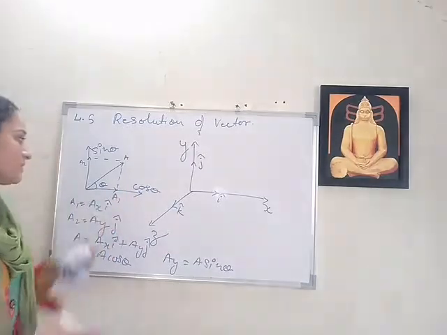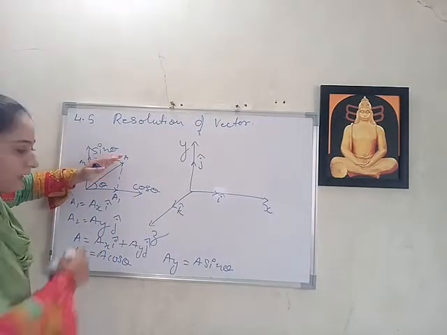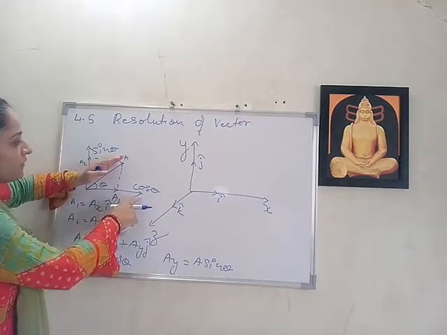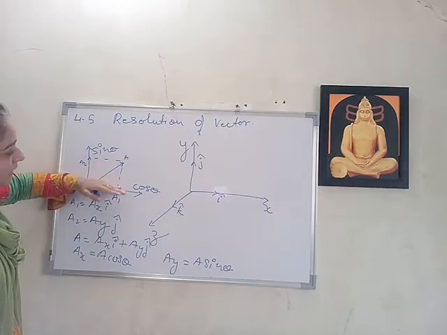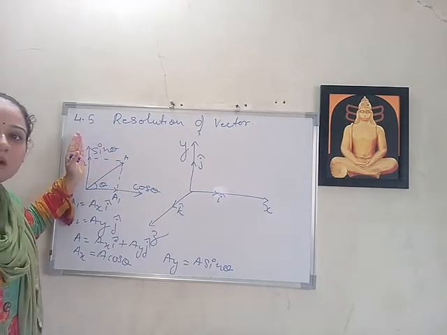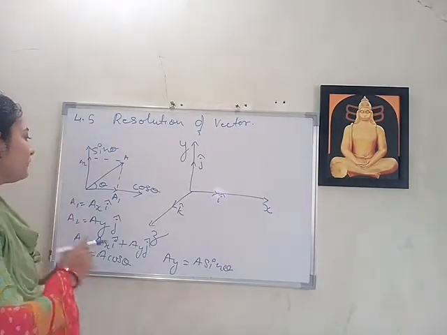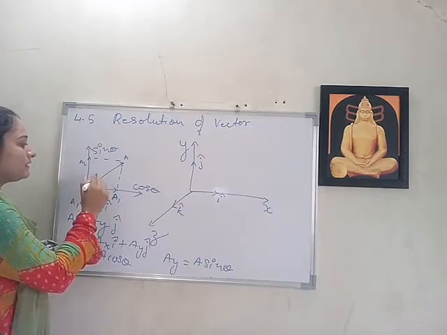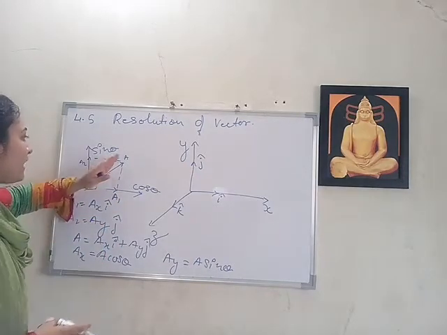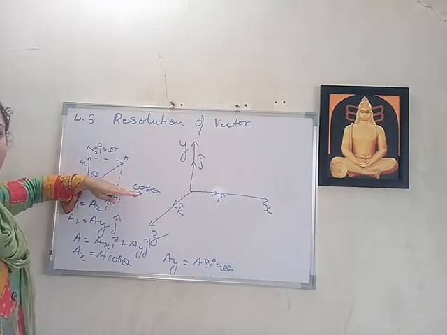So, as A makes an angle theta with the x-axis, we will write here A cos theta and here A sin theta. Clear? So if it makes the angle theta with the y-axis, then we have to write here A cos theta and here A sin theta.